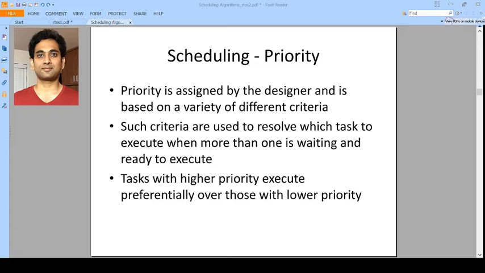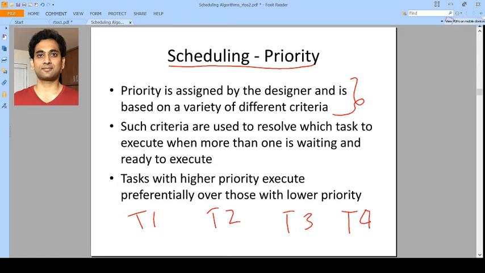Now, scheduling can be based on different criteria, different priorities. Scheduling based on priority determined by the designer of the operating system or the designer of the application. In other words, the real-time operating system looks at different tasks T1, T2, T3, and T4.